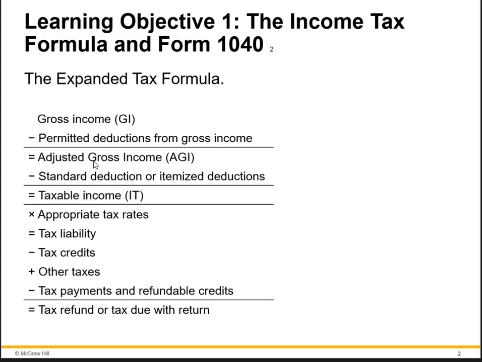Then you calculate adjusted gross income, which is listed on the 1040 on its own specific line, and then you subtract the standard deduction. So far it's the only one we've learned about. We won't learn what these permitted deductions from gross income are until Chapters 3 and 4. We still have the standard deduction, but notice it is separate, or itemized deduction. We'll learn about those in Chapter 5.